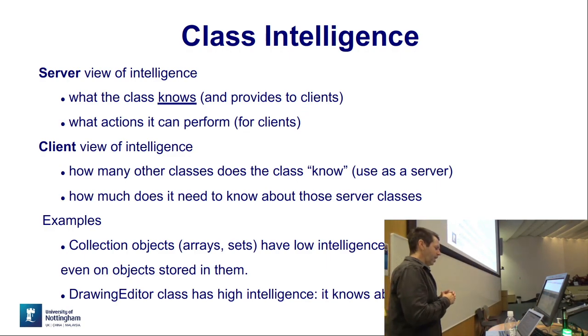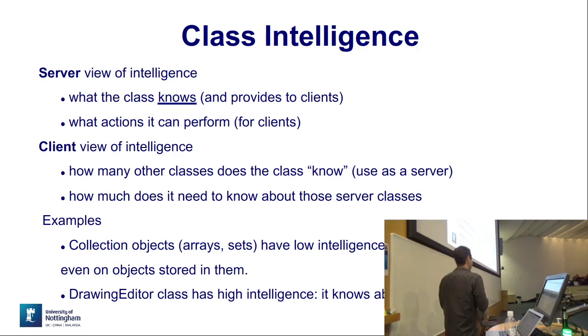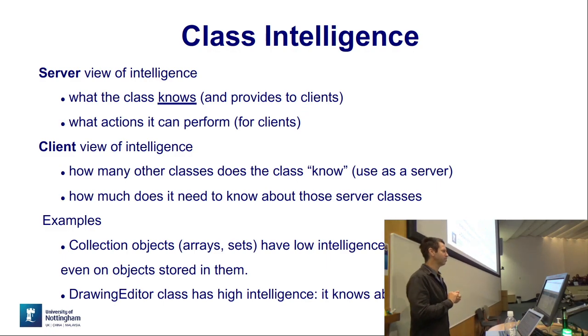So the class that has the main method of that application is going to have a lot of intelligence. That's a difficult one to work around, but the workaround for that is subsystems, right?